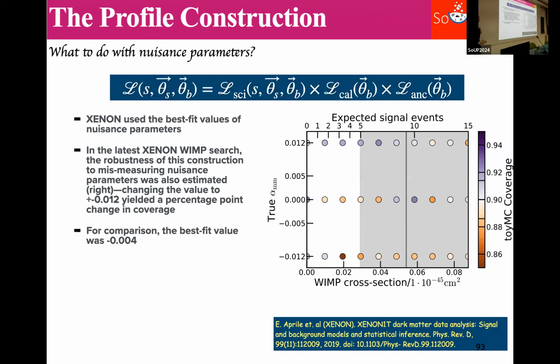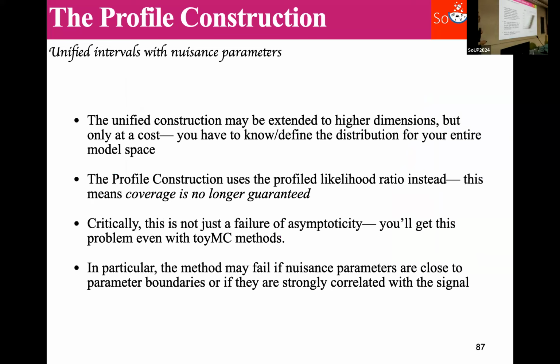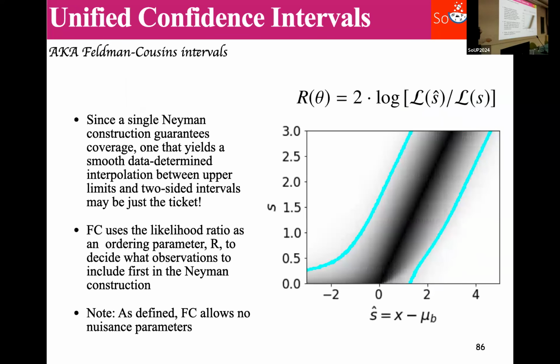Let's go back. Oops, back is the other way. So now instead of having this be 2D, right, because here the likelihood ratio goes both ways, now we're essentially just looking at this with the likelihood ratio on this axis and just start saying 0 is the best, higher values are the worst, and we just exclude things that are beyond the 90th percentile of the log likelihood ratio value.